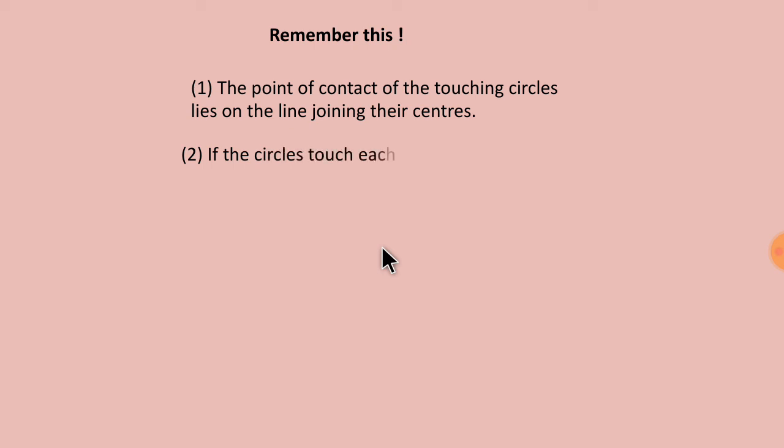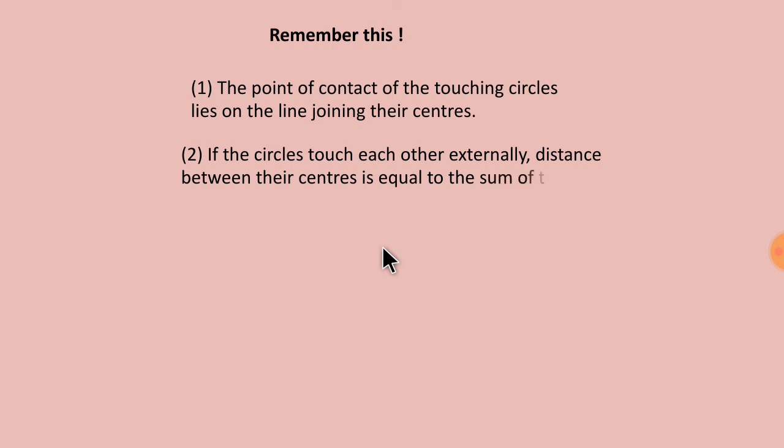if the circles touch each other externally, then distance between their centers is equal to the sum of their radii. Means दोन वर्तुळे जर परस्परांना बाहेरून स्पर्श करत असतील, बाहेरून म्हणजेच एक्सटर्नली, distance between their centers, त्यांच्या केंद्रातील अंतर हे काय असू शकतं?